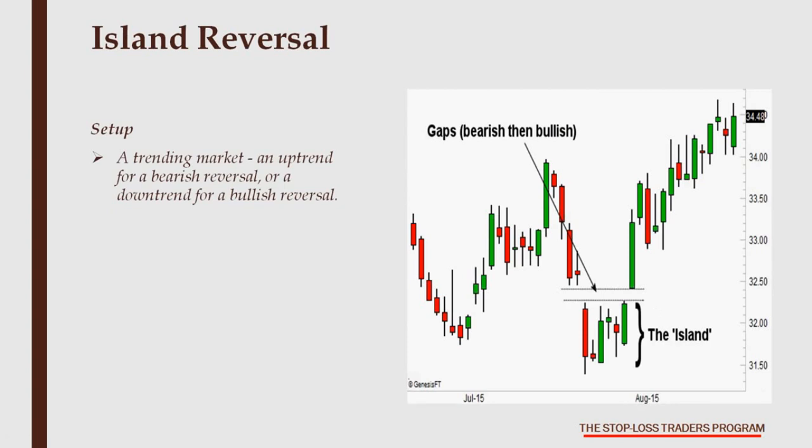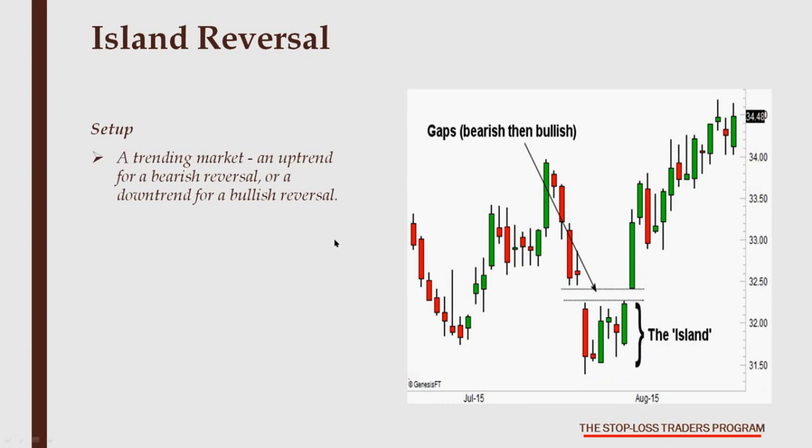The wicks of the set of these candles are not touching the wicks of those candles. It should not. If it is touching, then this is not island reversal the Western way. So it should be forming after a trending market.